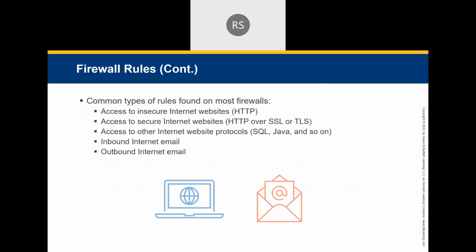This protects against potential security vulnerabilities associated with that specific internet protocol. The inbound internet email rules help filter and control potentially malicious or unwanted inbound email traffic, while the outbound internet email rules ensure that outbound emails comply with security policies and prevent unauthorized data leakage.